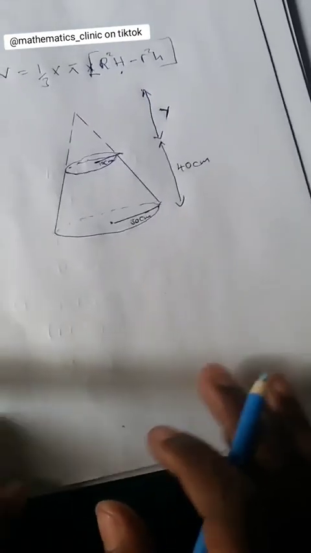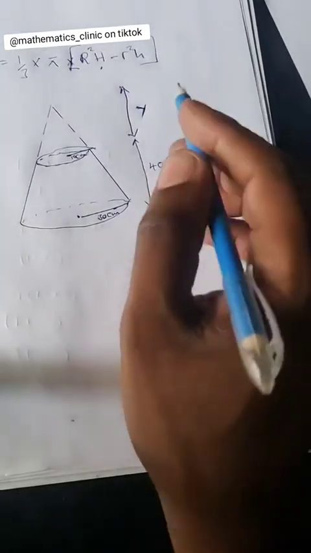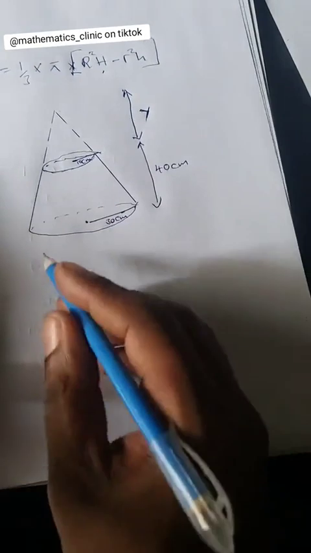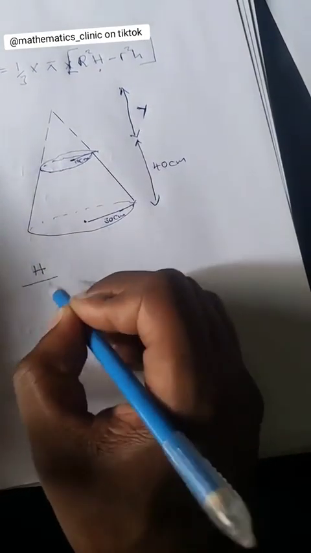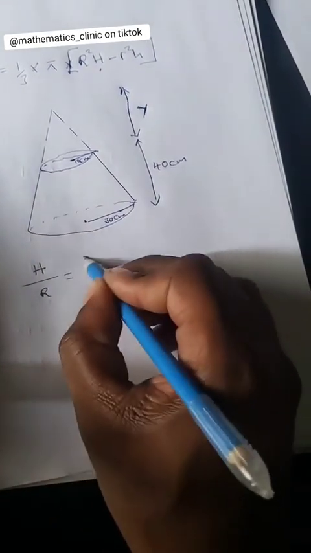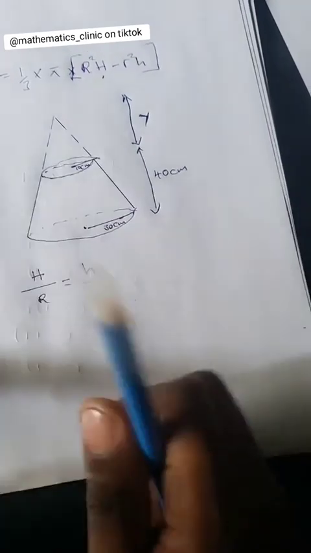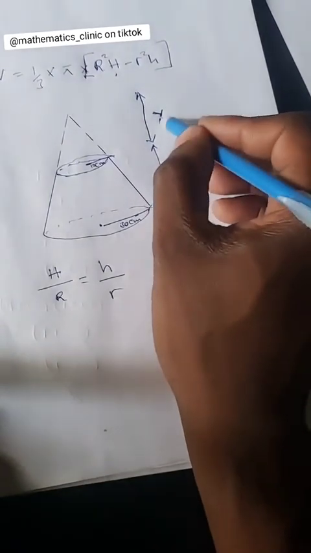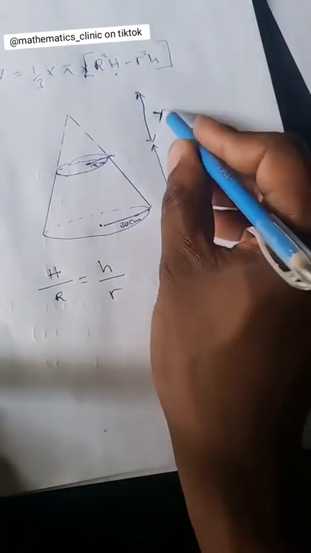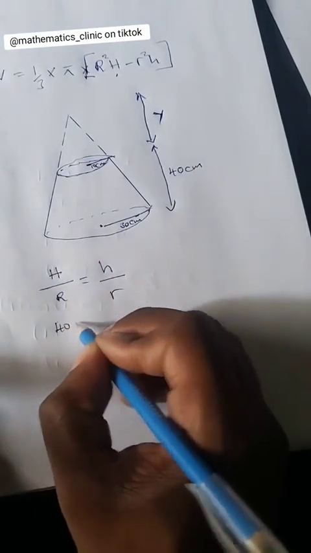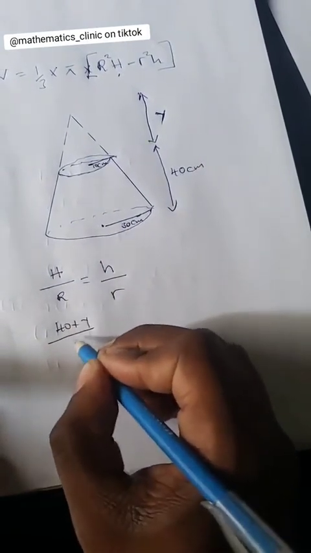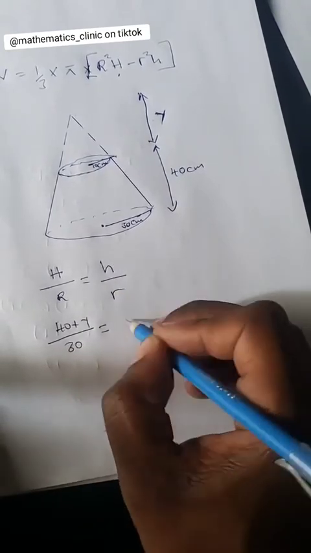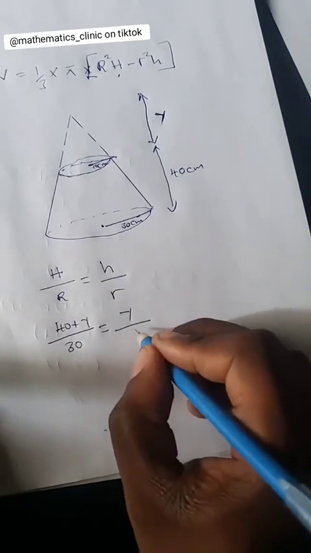Now, for us to know that small height, we go with proportions. We're going to say the bigger height over its radius equals the smaller height over its radius. So the bigger height will be 40 plus y, over our bigger radius, which is 30, equals the smaller height, which we don't know, so it's y, over the smaller radius, 10.